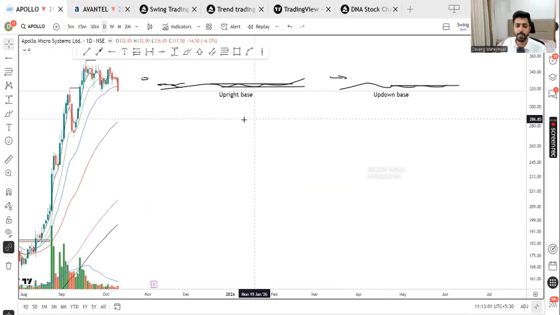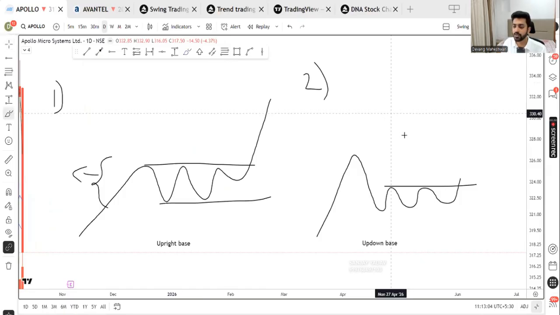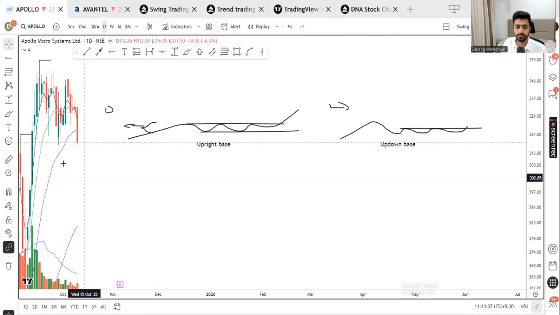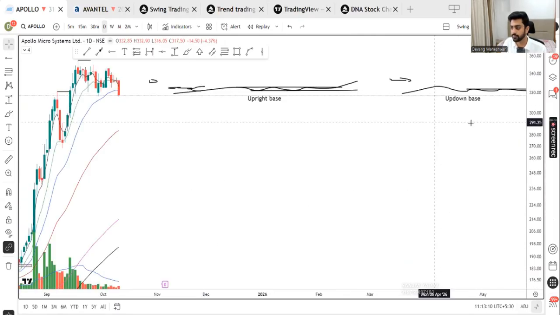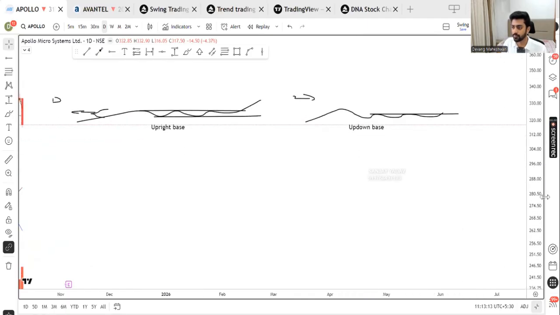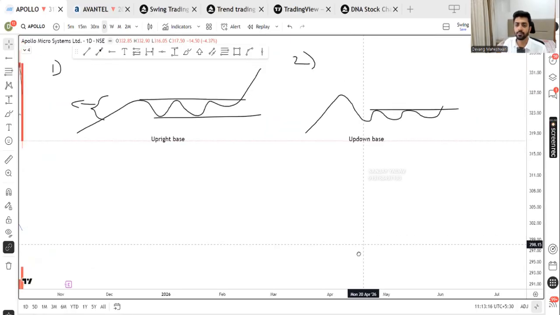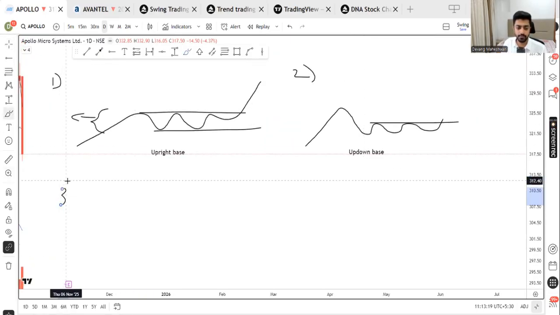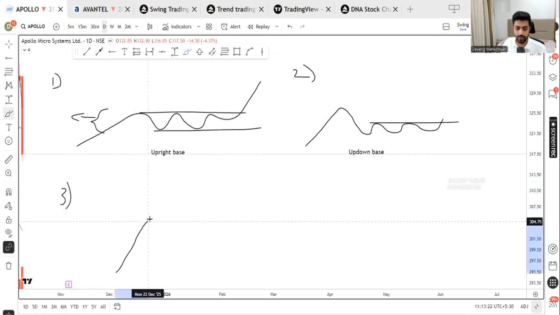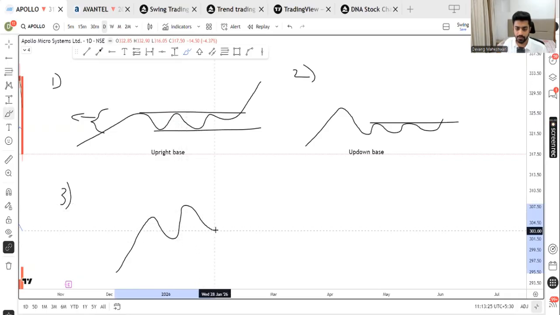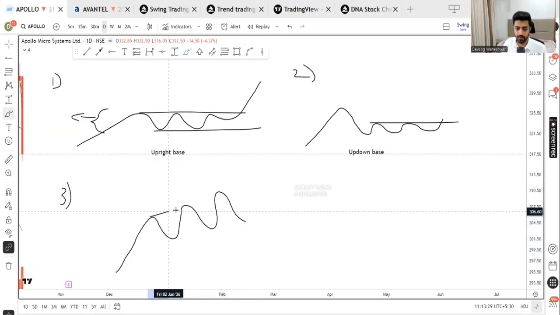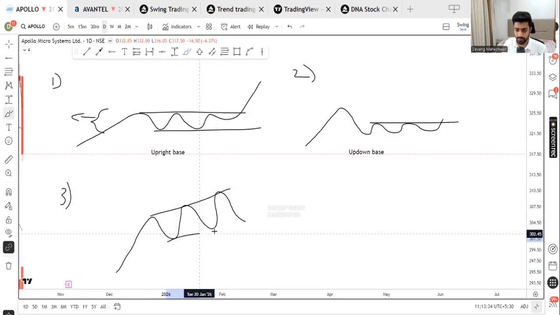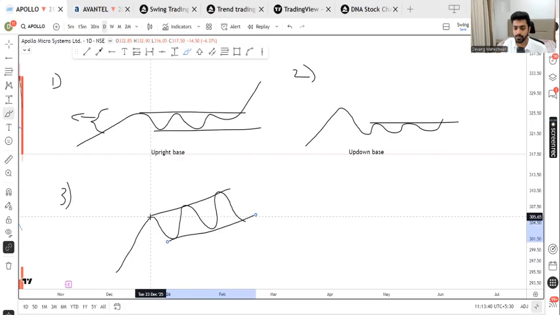Now third, it is an upslope base. It is a prior up move and then the stock is moving like this, and you will be able to make such kind of upward and bottom resistance, a kind of channel where there is both an upper side trend line and a bottom side trend line.